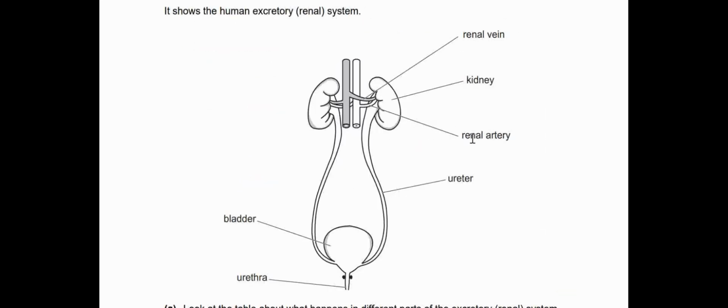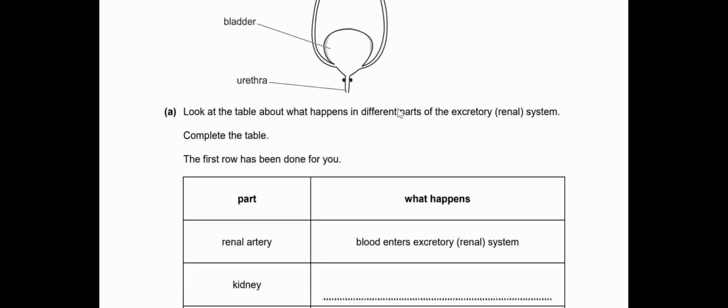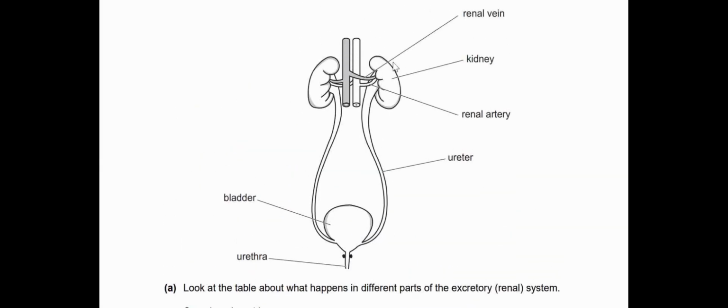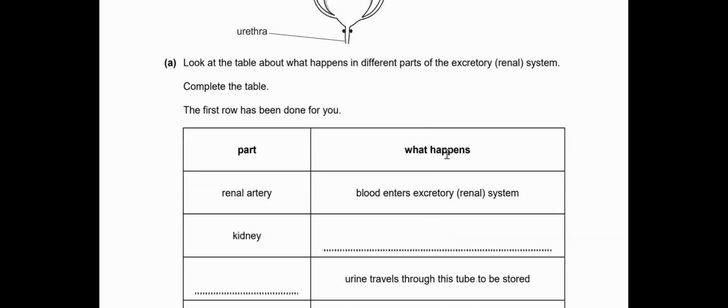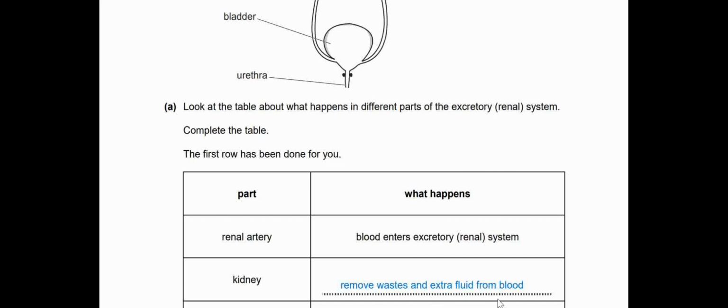So from the renal artery, the blood enters the kidney, and in the kidney, extra fluid and waste is removed. So we type what happens here: remove waste and extra fluid from blood.